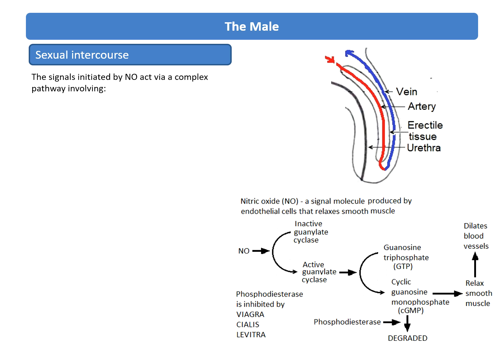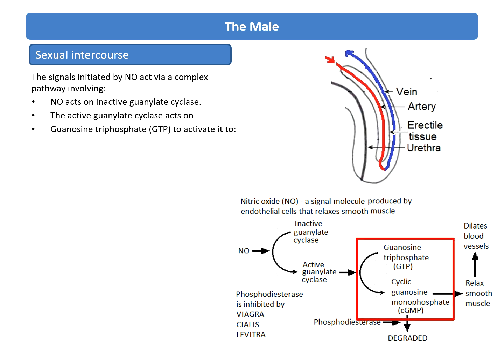Signals involved in the erection were initiated by nitric oxide, which acts by a fairly complex pathway. It involves the nitric oxide acting on an inactive form of guanylate cyclase, which activates it.